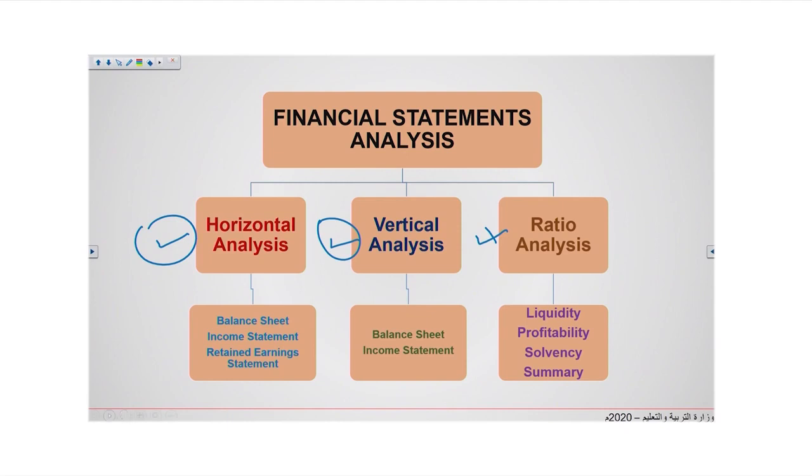In horizontal analysis, we will use the balance sheet, income statement, and retained earnings statement figures. In vertical analysis, the balance sheet and income statement. The ratio analysis will not be covered in this chapter, where we can use the liquidity, profitability, solvency, and summary.